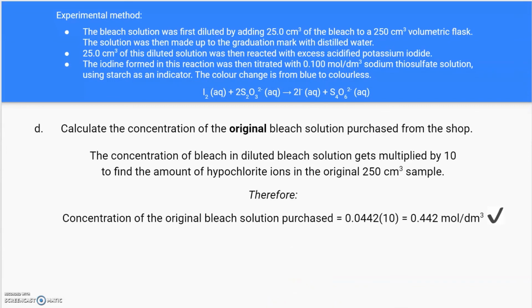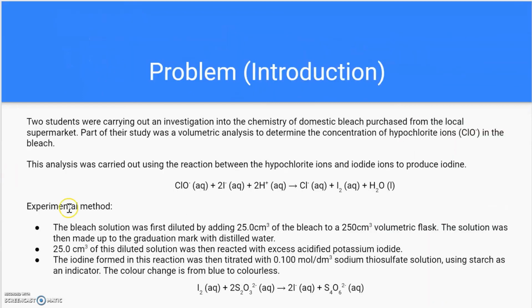Now finally, part D asks us to calculate the concentration of the original bleach solution purchased from the shop. Now, let's take into account the experimental procedure, the experimental method. It says that the bleach solution that was bought was diluted by adding 25 centimeters cubed of the bleach to a 250 centimeter cubed volumetric flask.